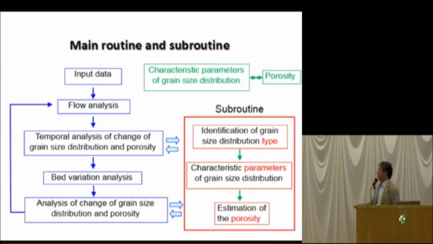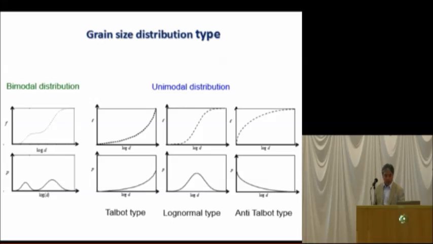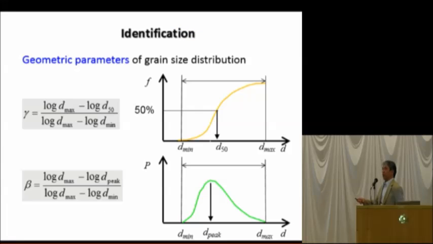Then using this relation, we recalculate the change of the bed variation, the change of the grain size distribution, and also the porosity. So in this simulation method, we need to identify the grain size distribution type, and also we need to obtain this relationship between the grain size distribution and porosity.